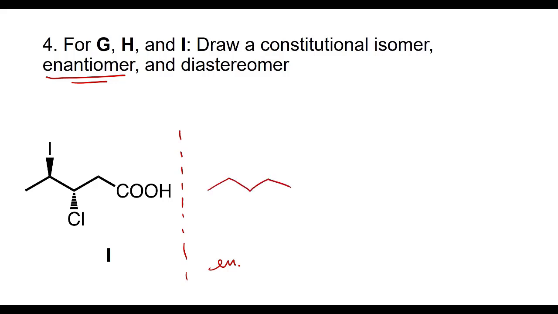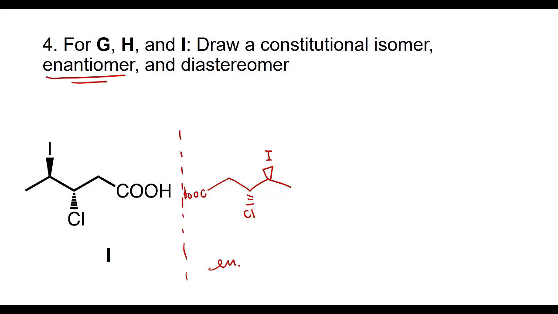And this is my enantiomer. And in order to make the diastereomer, I have to change, for example, if I change the iodine to a dash. Yes, so now that's a diastereomer.